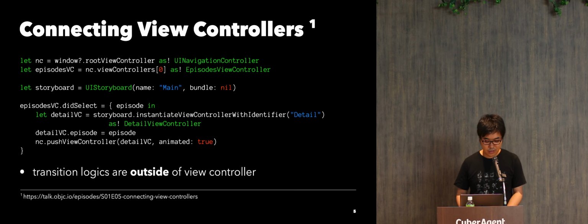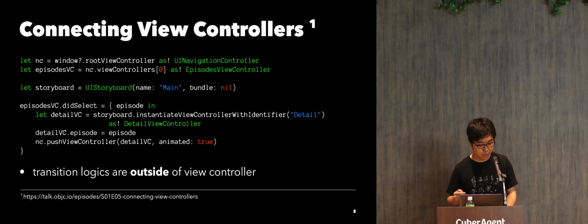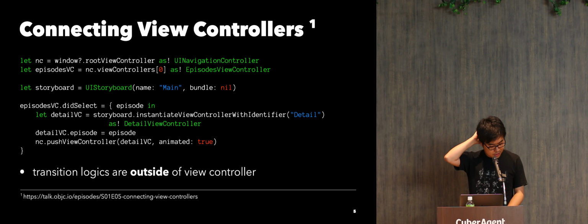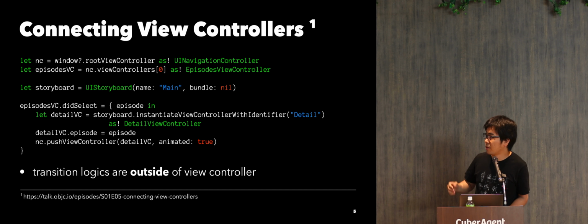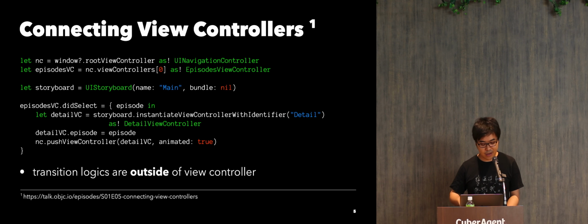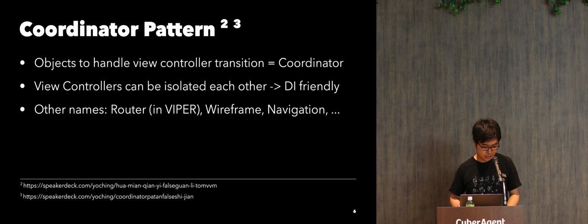The point is that the transition logic is not written inside the view controller. It is written outside of it. Here they write this code in a class called App, but in the coordinator pattern, they write it in a class called Coordinator.